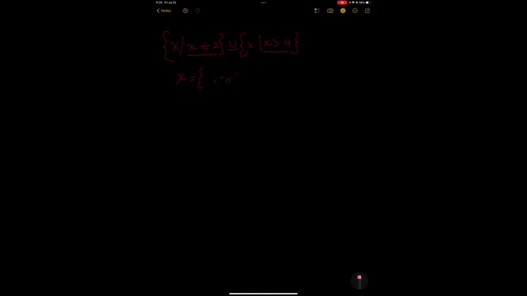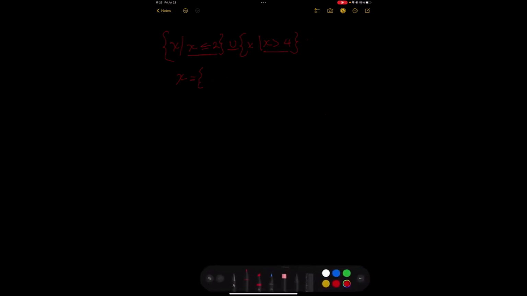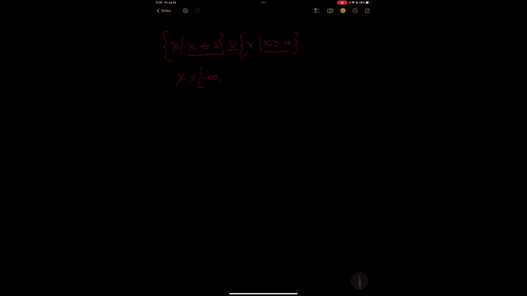So x less than or equal to 2 basically goes from negative infinity all the way to 2. That's because x is less than or equal to 2. Now, when we have x is greater than 4, that means 4 is not part of it because x is strictly greater than 4.